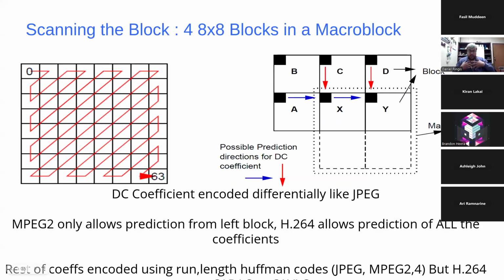MPEG-2, which was one of the earlier video codecs, only allowed predictions from the left to go forward. What you're doing here is trying to figure out the appropriate coefficients to use, and as the coefficients increase, this is like in your fast Fourier transform, where you had your harmonics.